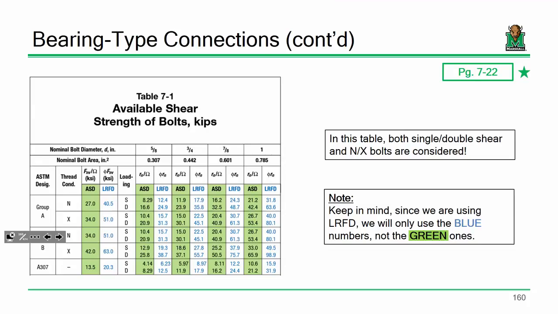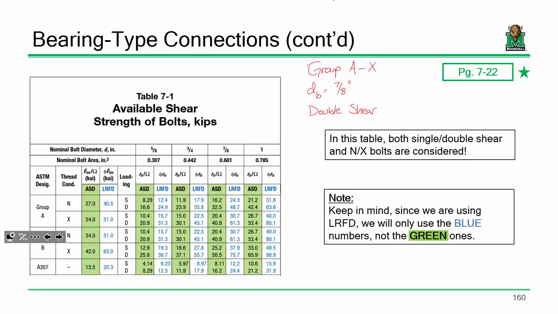So let's say we've got group A, we'll say X bolts. We'll say the diameter of the bolt is, I don't know, 7/8 of an inch. And we'll say it's in double shear. Let's see how strong that particular bolt is. Well, I'm on ASTM designation.